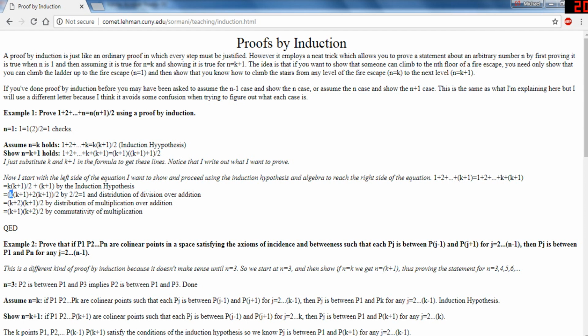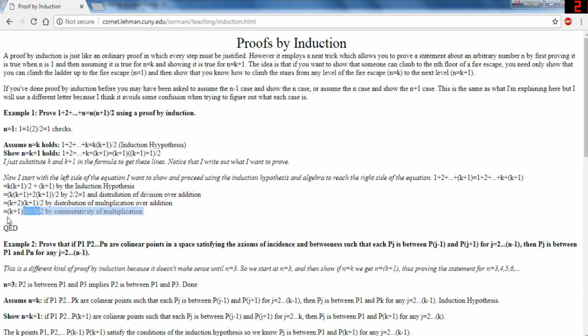And then the k and the 2, they added them together for this part. So the right-hand side is equal to k plus 2 times k plus 1 over 2, right? And then this is actually equal to k plus 1 times k plus 2 over 2 if you just reorder the multiplication, by commutative multiplication.